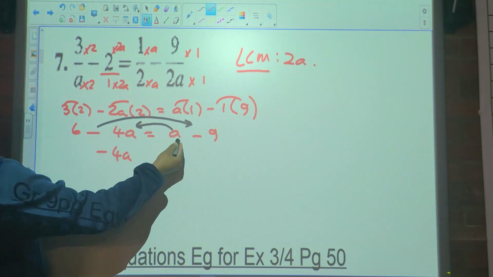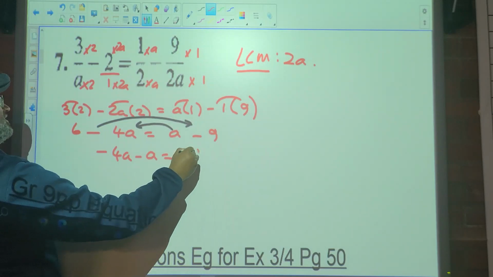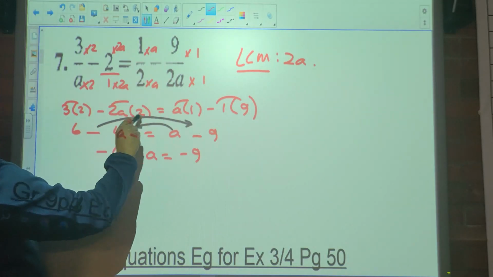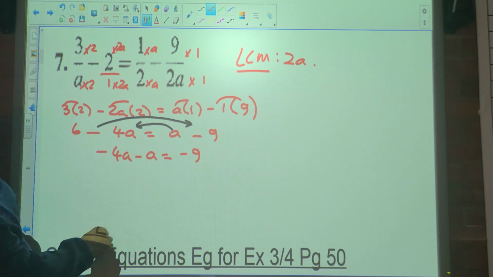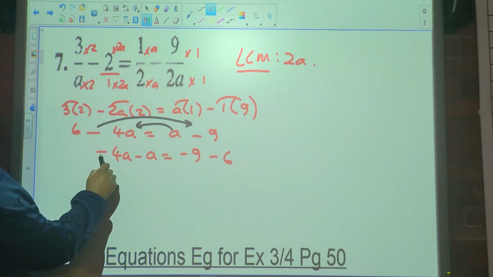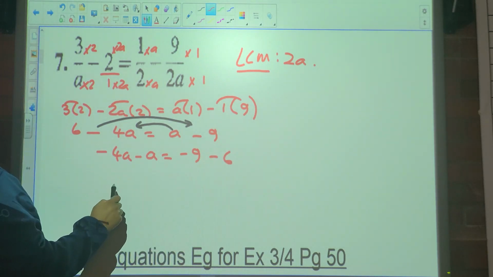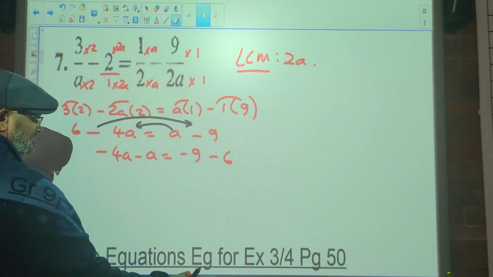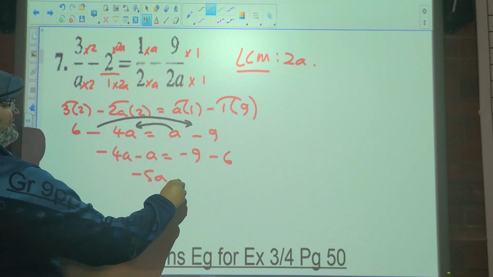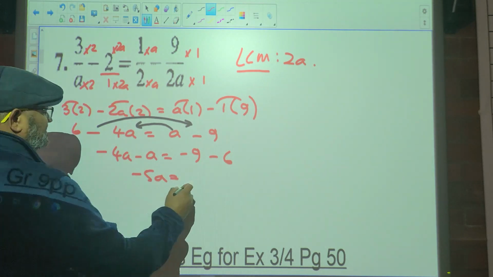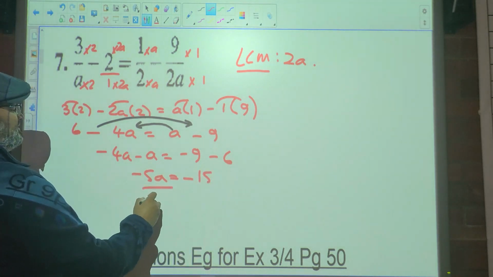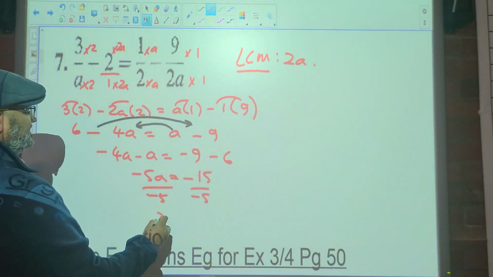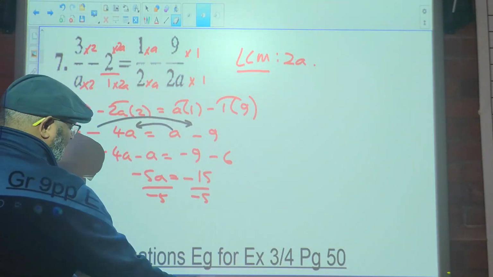So negative 4a minus a is equal to negative 9 plus negative 6. What's negative 4a minus a? Negative 5a, yes, absolutely. Equals negative 9 minus 6. Negative 15. Divided by negative 5 both sides. A is equal to 3.